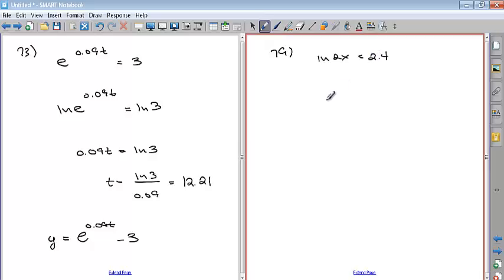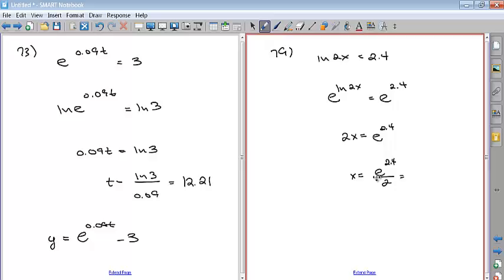So what you do is you take e to the natural log of 2x and e to the 2.4. But e to the natural log of 2x is just 2x. And on the right hand side you have e to the 2.4, which you can plug in a calculator. So x is equal to e to the 2.4 power divided by 2.